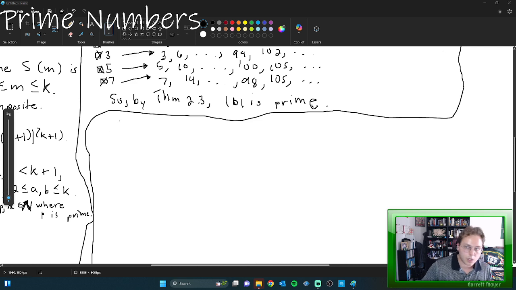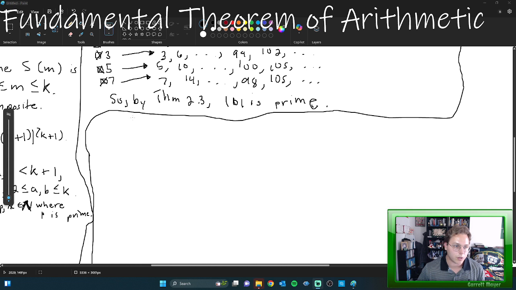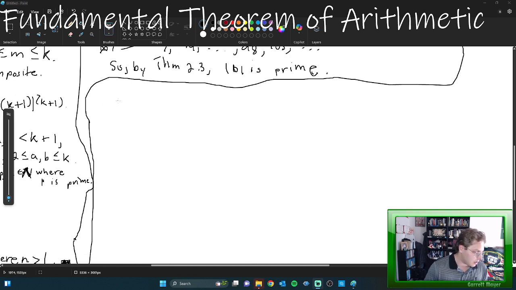So, this next section is about the Fundamental Theorem of Arithmetic. So this theorem is a very important theorem about natural numbers. It essentially is going to show us that there is this unique code of prime numbers that we can put together, put them in order, and have them uniquely correspond to one integer.